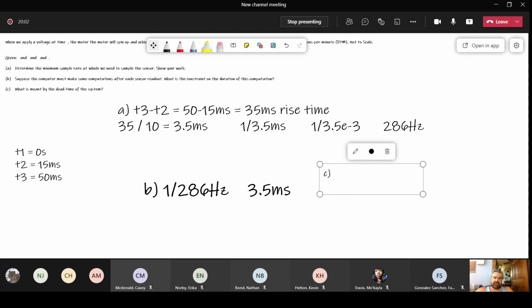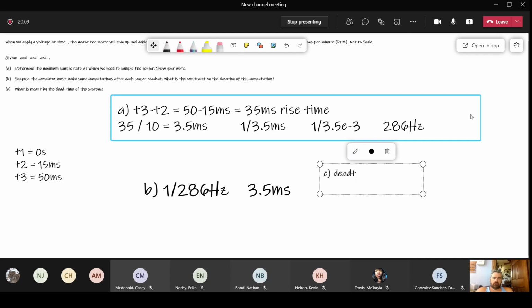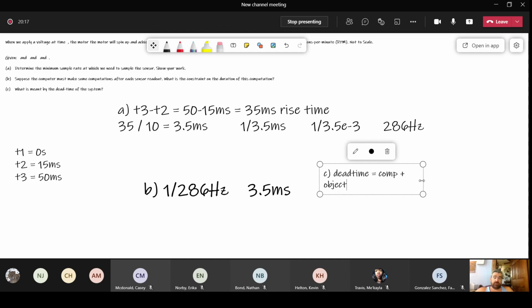Equationally, the dead time is the computational time plus the object time. So if you just wrote something like that, that should be enough for full marks on that question. If you wrote it out in words, that should get you credit too. And that is it for assignments 1 and 2.